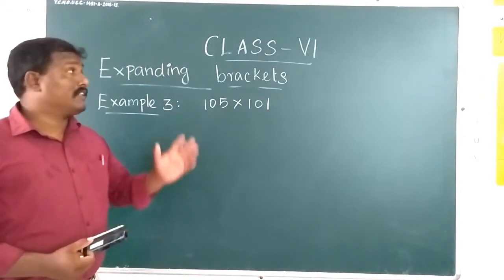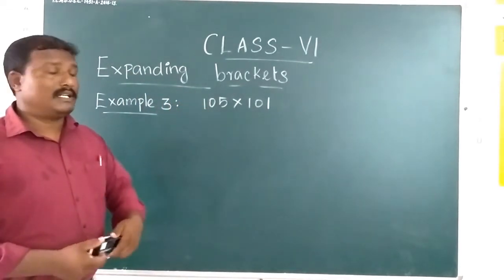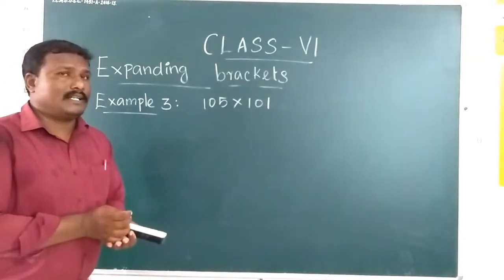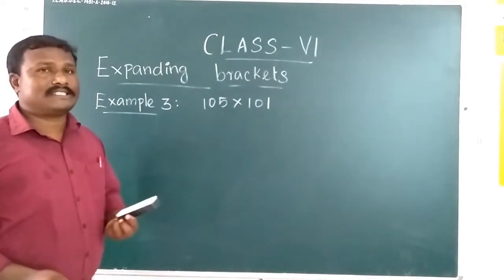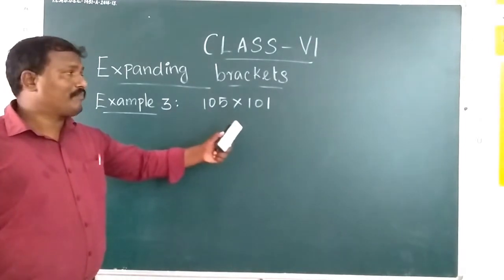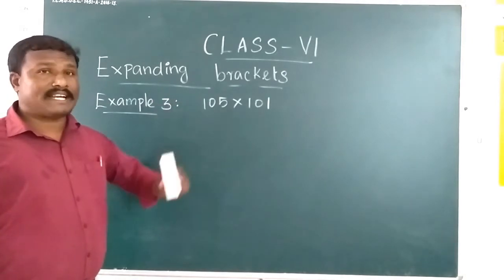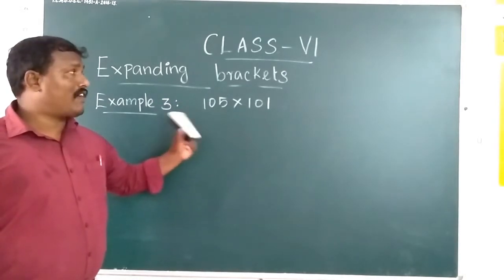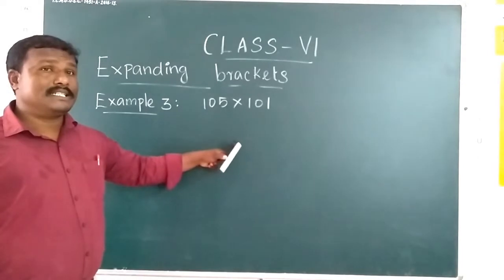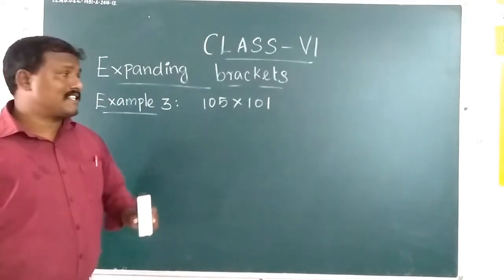Students, by using expanding brackets, how to find a solution. Say example 3. Already we talked two examples. Without doing multiplication, how to find a solution? Just simply using brackets. First we have to expand the number, then easily we can multiply and find the answer.